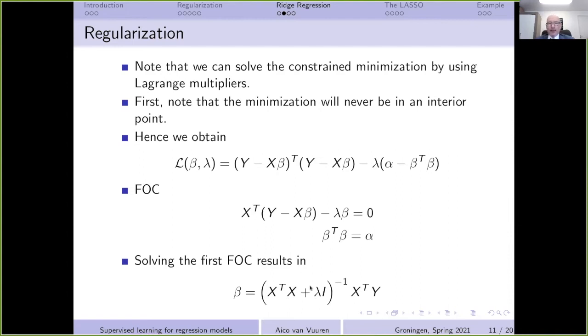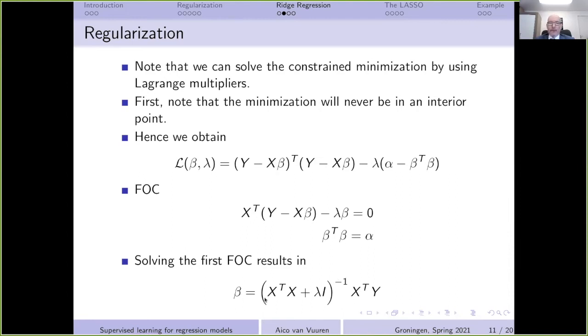But we can even say the other way around. If XᵀX is not invertible, which means in econometrics, of course, that we have perfect multicollinearity, then it could still be possible that this whole thing over here is invertible. So beta could still be calculated.